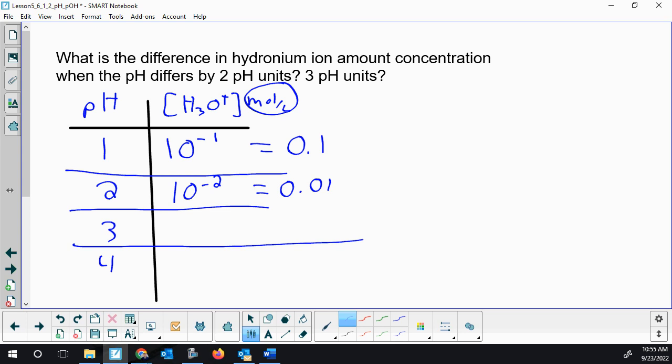And then we're going to look at some patterns. We're going to analyze what our decimals are doing. So pH of 3 is 10 to the minus 3, 0.001. And last, 10 to the minus 4 for a pH of 4, 0.0001.